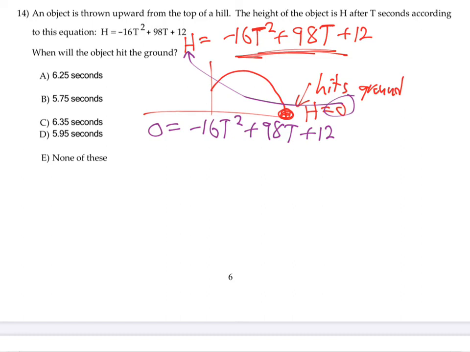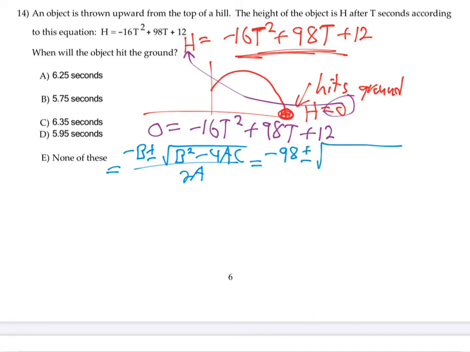The quadratic formula. Remember, x squared equations are solved by the quadratic formula. So negative b plus or minus the square root of b squared minus 4ac all over 2a. So negative b, negative 98 plus or minus the square root of b squared, 98 squared, minus 4 times a, times c.